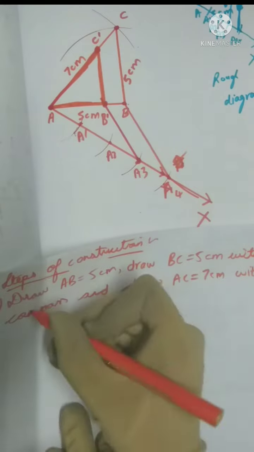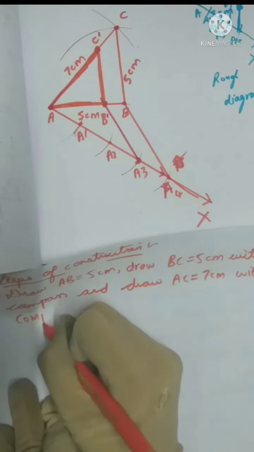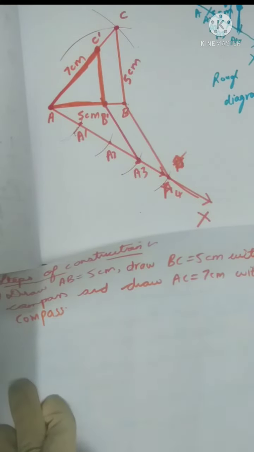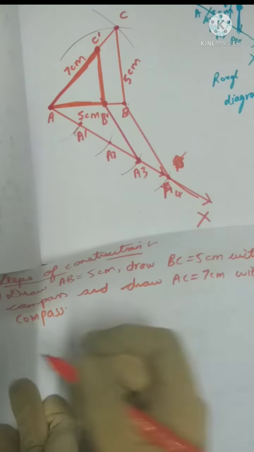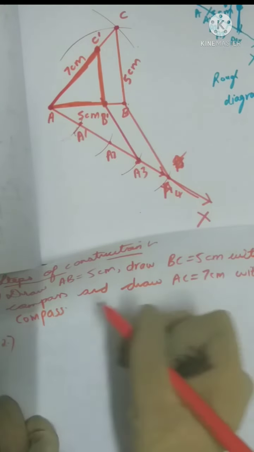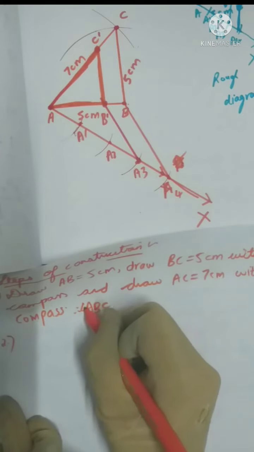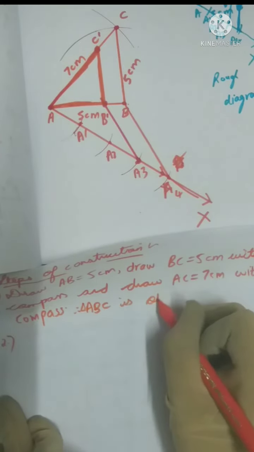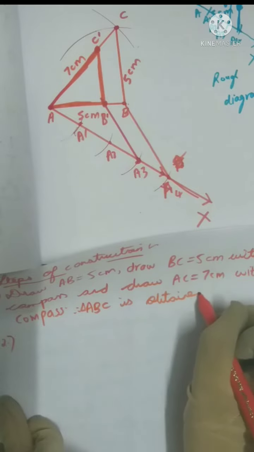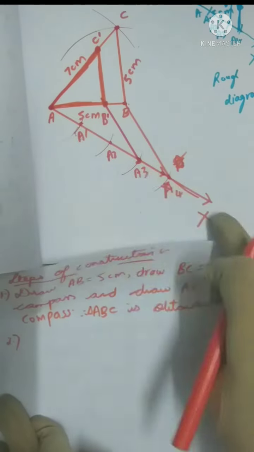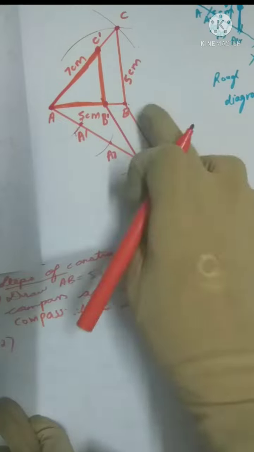What is the second step we are doing here? Therefore triangle ABC is obtained. After drawing the triangle ABC, what do we do? We draw a ray AX which makes an acute angle with AB.